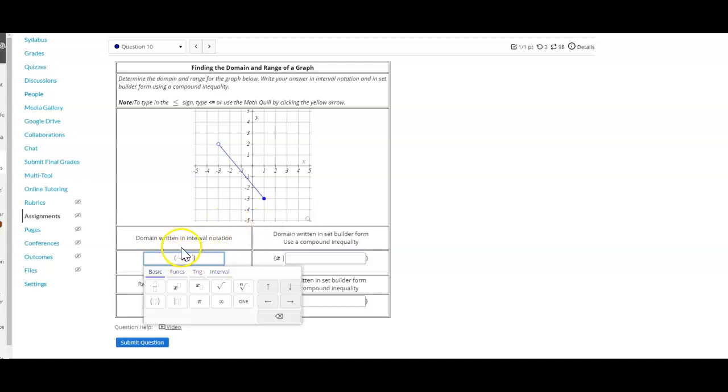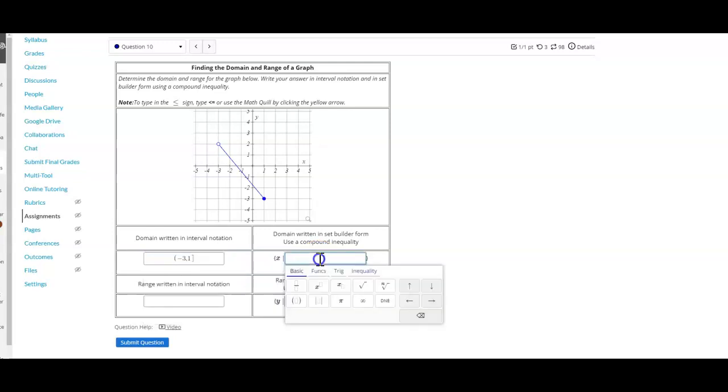Now notice over here it says to write this in set builder form, and it wants us to use a compound inequality. So we click on the part that says inequality, and it gives us the less than, greater than, less than or equal to, and greater than or equal to symbols to use.